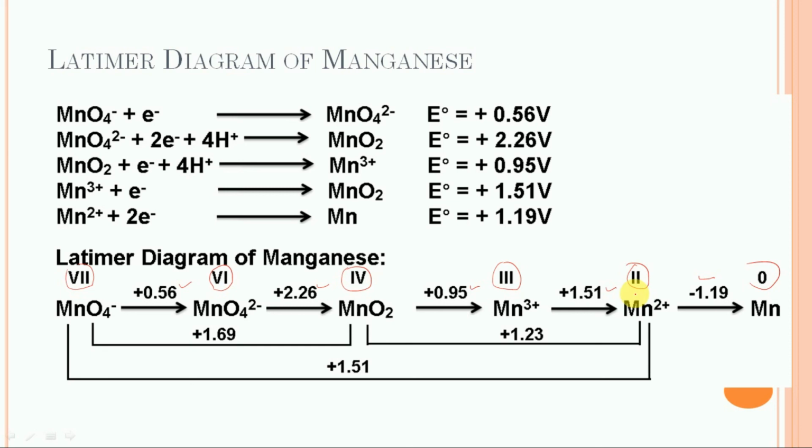So this one is the Latimer diagram for manganese, showing the presentation of various electrode potential changes in the reactions.